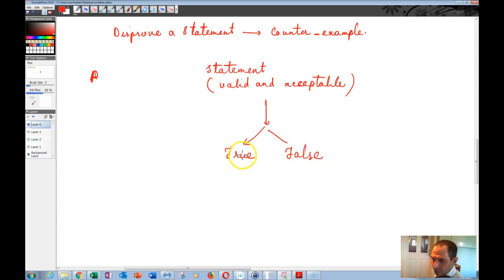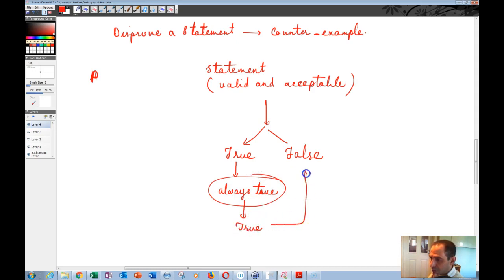Now the way that you can identify whether a statement is true or false: if a statement is always true, then you can say that the statement is true. Otherwise, it is false. If a statement is always true, then that's a true statement. Otherwise, it's a false statement.